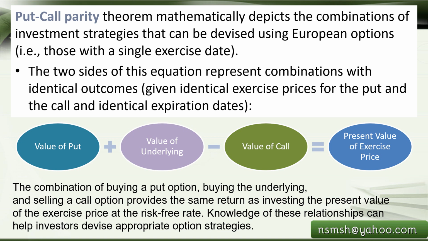In this formula, if you have only one missing value, you can arrive at that. So you can estimate the value of the put option if you have all other values, or you can find the value of the call option by having all other values. So this put call parity formula is essential to answer many multiple choice questions, and even in your business.